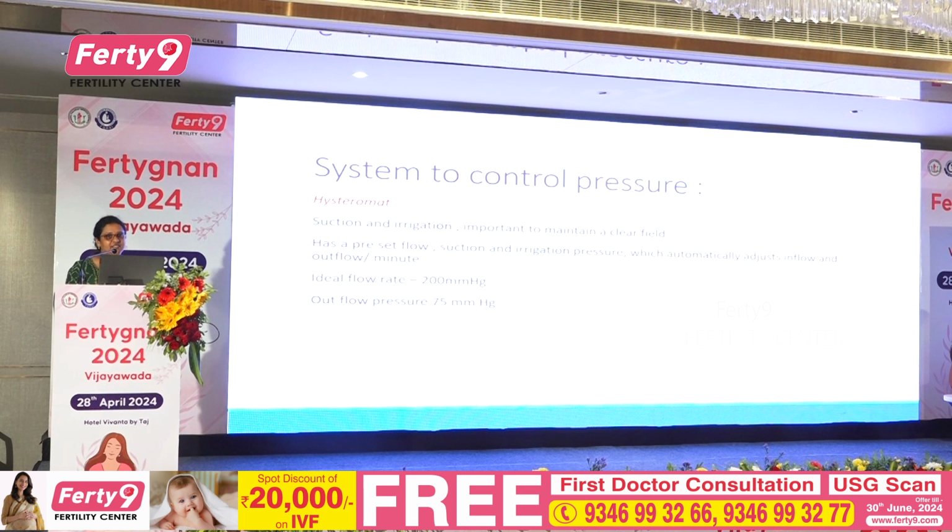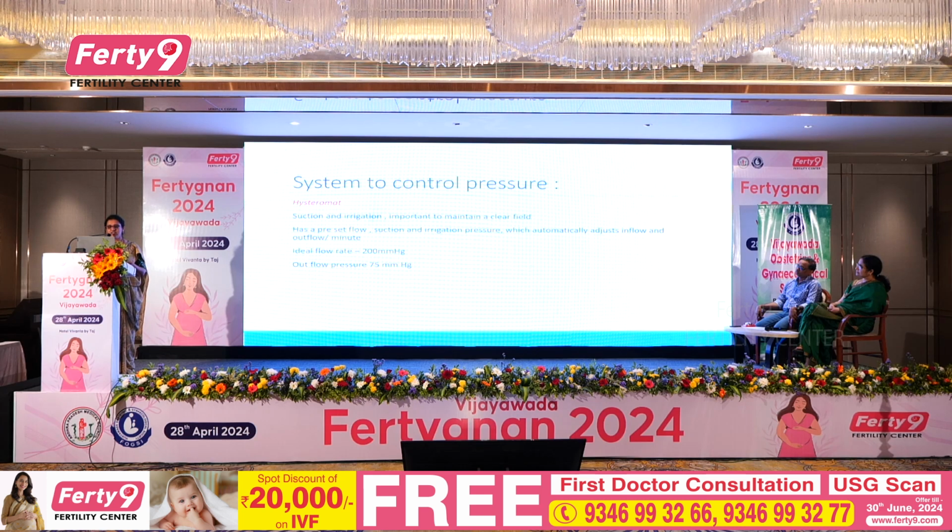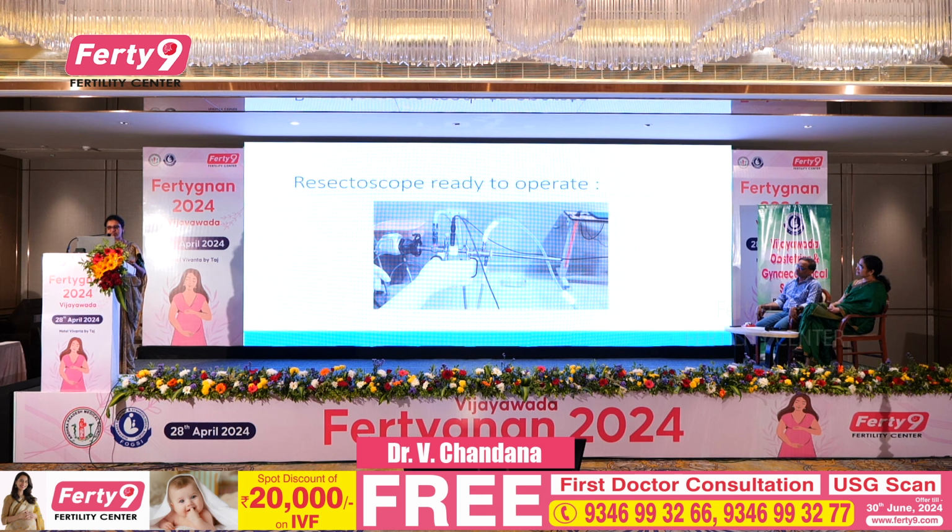It becomes 5 liters and your output is not as much as that. Definitely the patient will go into hyperdynamic circulation. So you have to watch what the anesthetist is pumping in apart from the fluids you are using, and the ideal inflow pressure is around 200 millimeters of Hg and the ideal outflow pressure is around 75 millimeters of Hg.